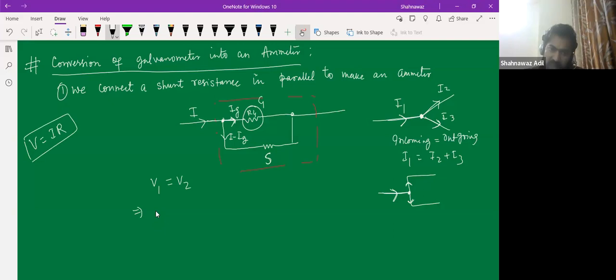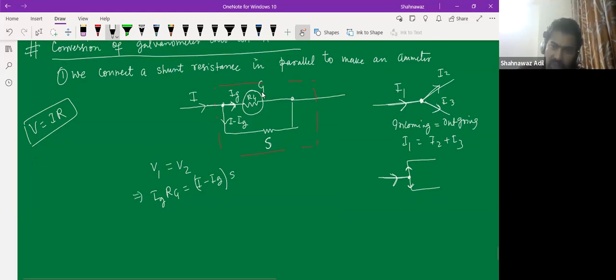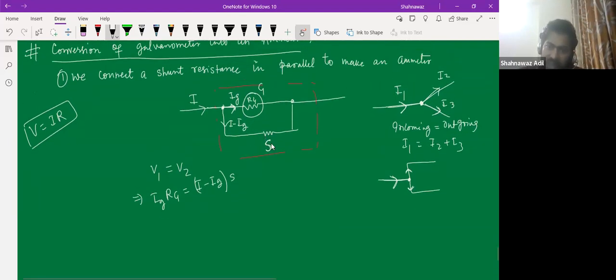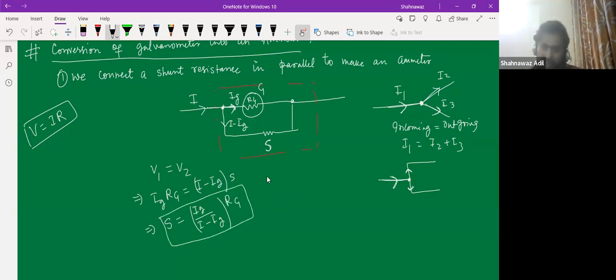So the voltage in this one is IG times RG. In the other one, the current is I minus IG, times S. So S is simply IG by I minus IG, times RG. This is how you calculate the shunt resistance.